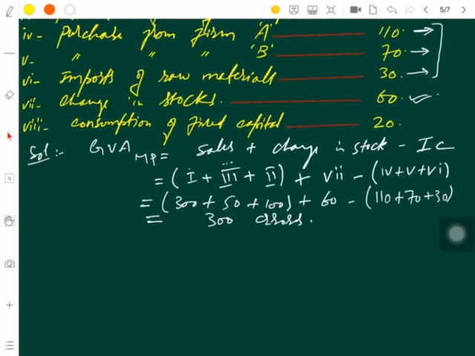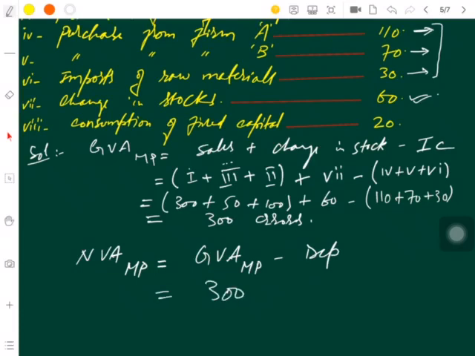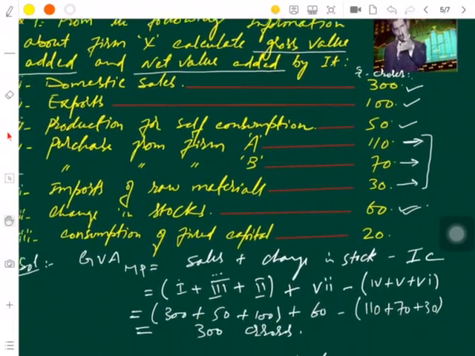Now it is easy for us to reach anywhere they ask us to reach. Now let us look for the net value added at market price, which is equal to gross value added at market price minus depreciation or consumption of fixed capital, whatsoever is being given. We don't worry about it. Gross value added we have already calculated is 300, minus depreciation. Let us look into depreciation.